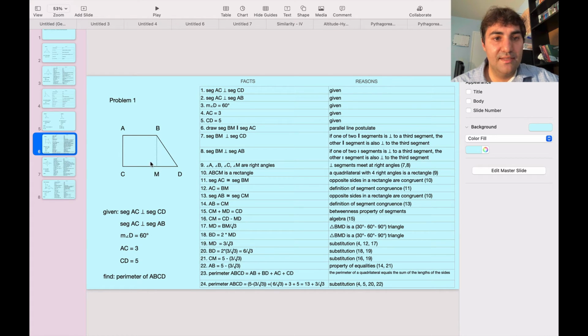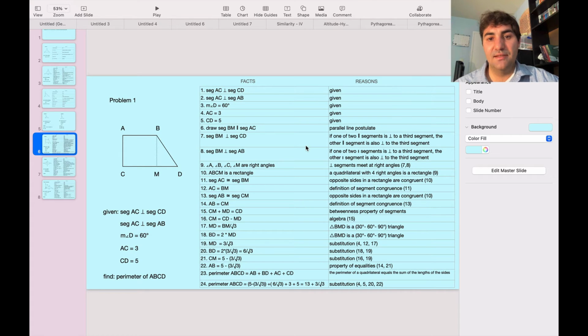We know that since segment AC is perpendicular to segment CD and it's perpendicular to segment AB, and segment BM is parallel to segment AC, then segment BM is perpendicular to segment CD and it's also perpendicular to segment AB.